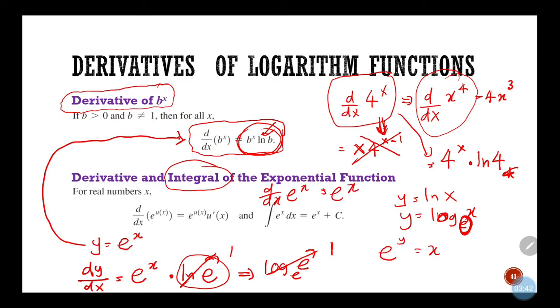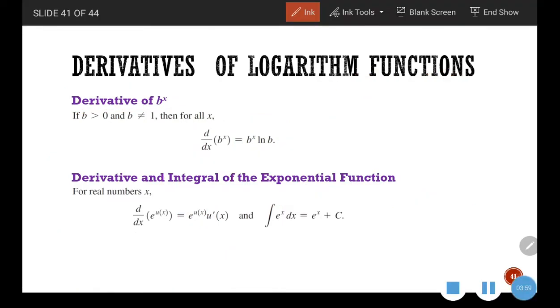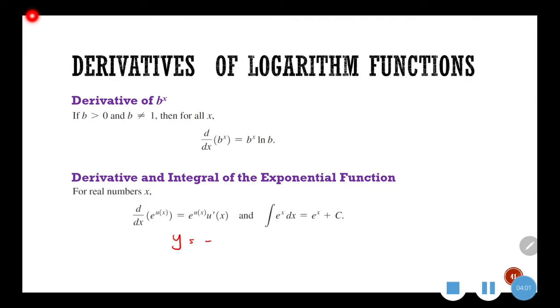Okay, then kalau yang kuasa, maknanya dia punya power is not x only, but there's something coming on in terms of a function. Katakanlah saya bagi example, y equals to e^(3x), for example. Dia dah tak jadi x je.